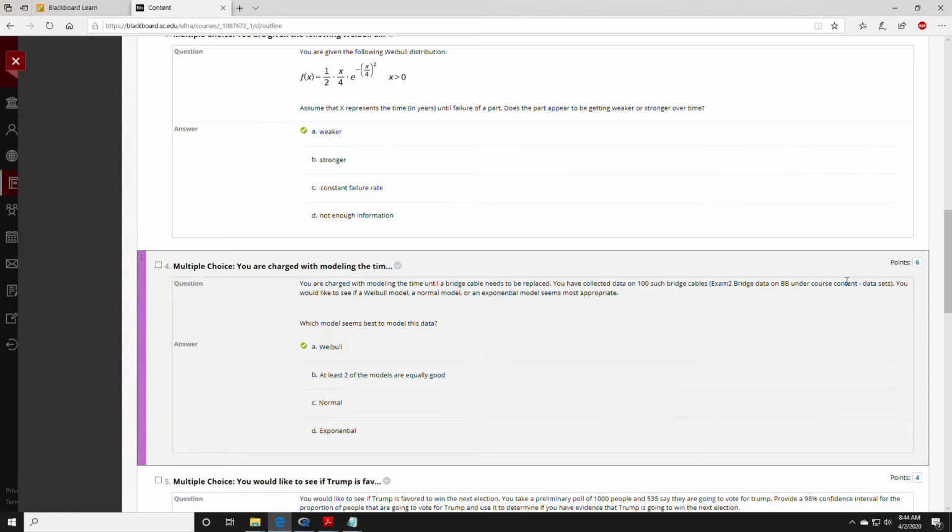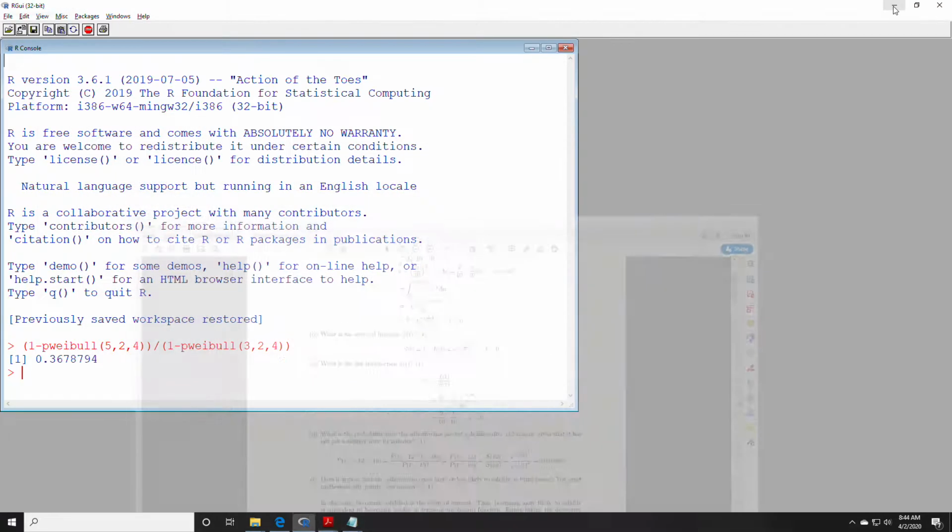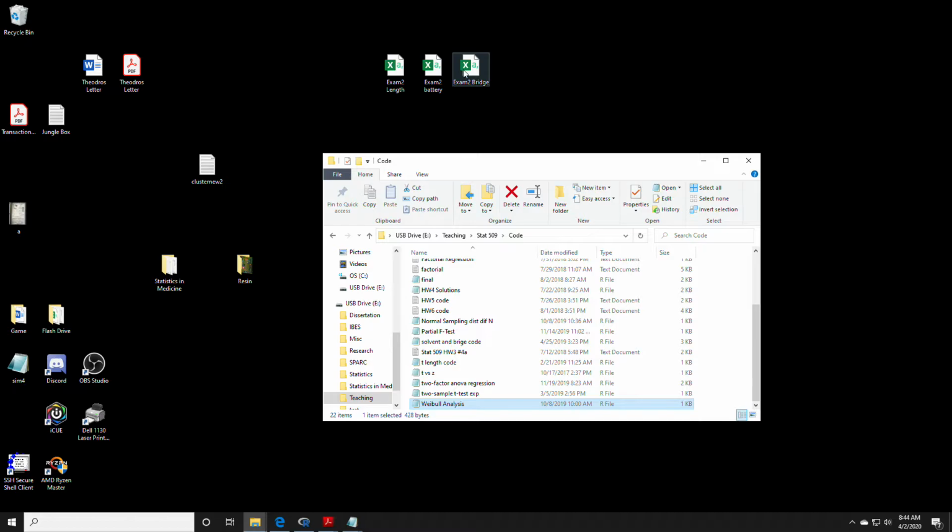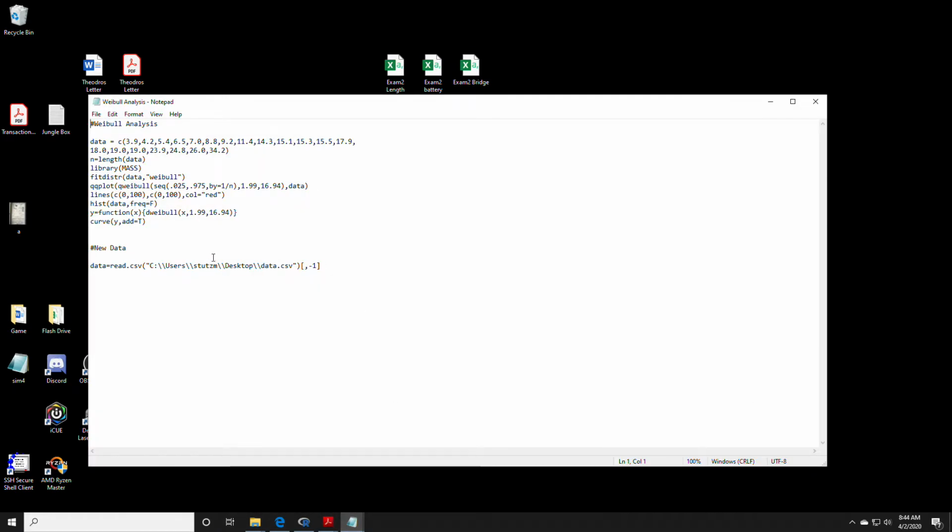After we download the data from Blackboard and put it on our desktop, exam2 bridge, we go to our Weibull analysis code so that we have to modify as little as possible. Remember, everything is case sensitive and space sensitive, so we have to put everything exactly.